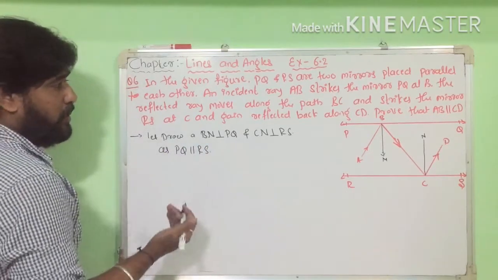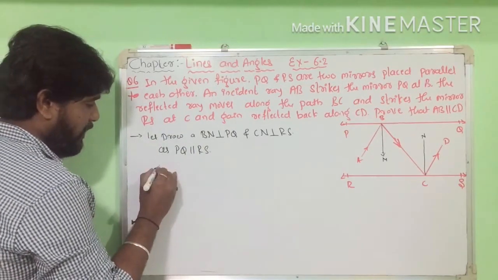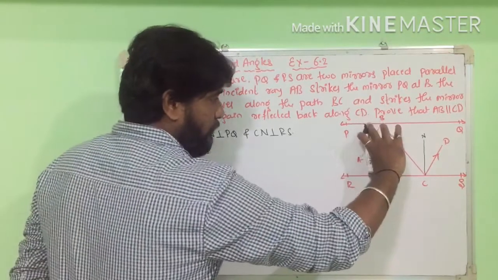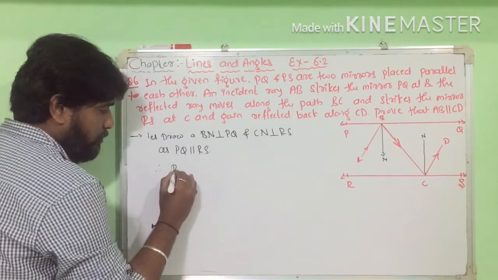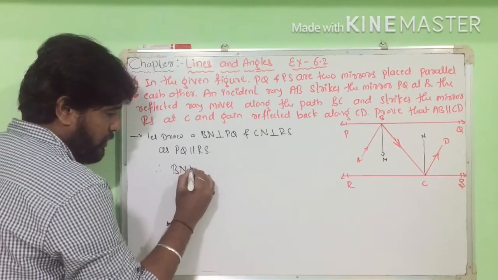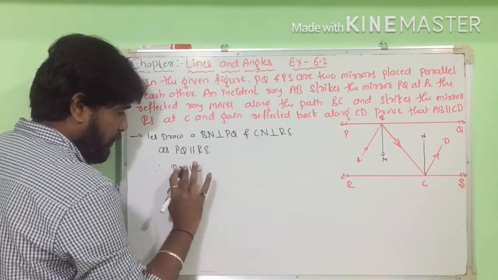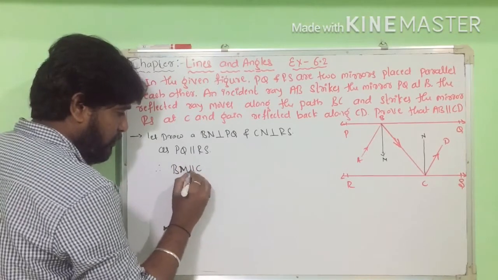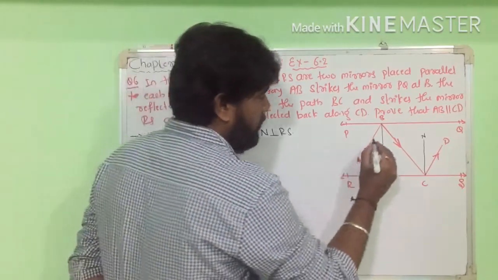The mirrors are parallel to each other, right? Therefore these two are parallel and these two are perpendicular, which means BM is parallel to CN. Is it clear?